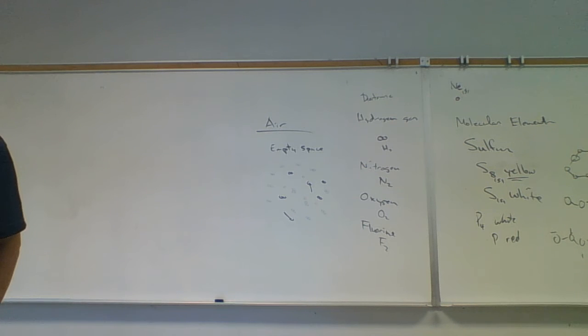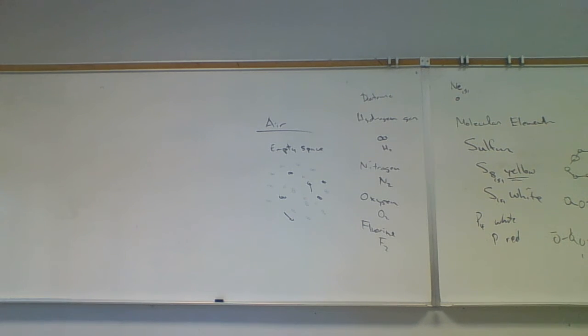What else? The diatomics. There's 7 diatomics: hydrogen, nitrogen, oxygen, fluorine, chlorine, bromine, and iodine.